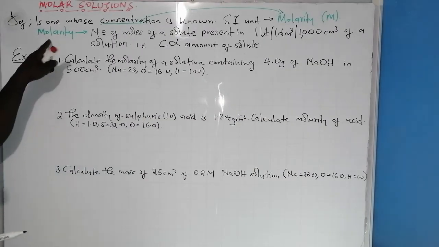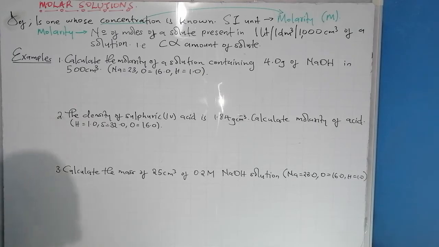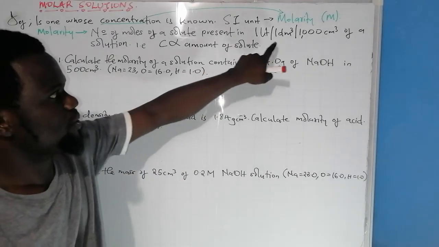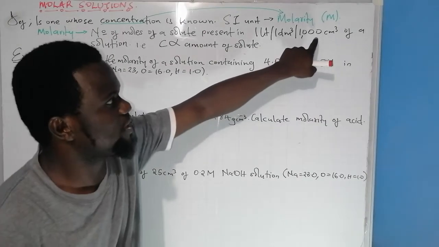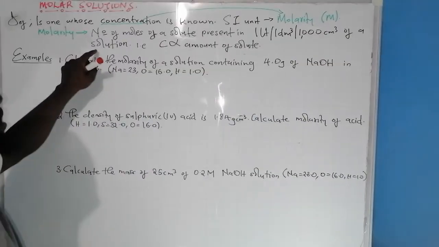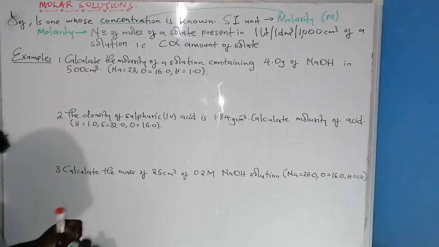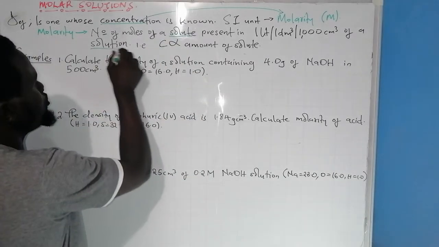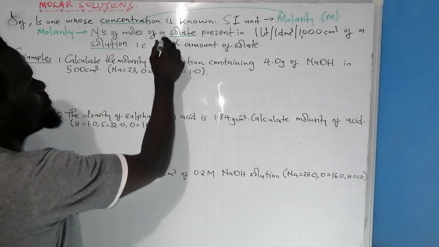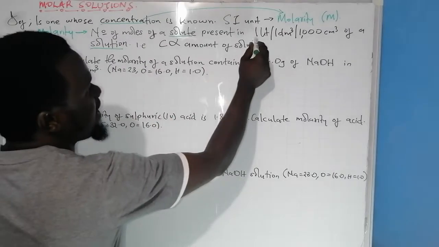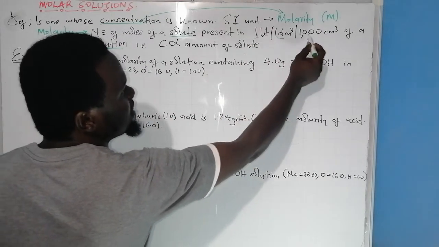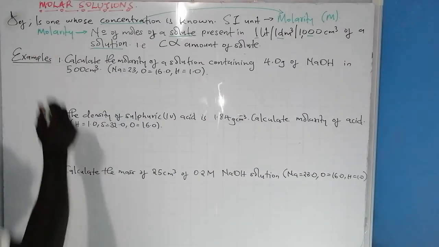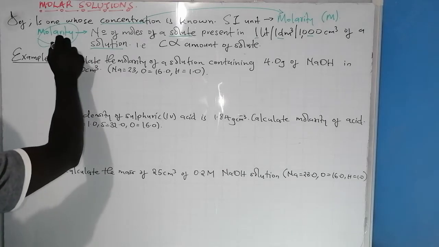And what is molarity? It is the number of moles of a solute present in 1 liter, 1 decimeter cube, or 1,000 cubic centimeter of a solution. If I have a solute in a solution, the number of moles of the solute in 1 liter, 1 decimeter cube, or 1,000 cubic centimeter of a solution is known as the molarity of that solution.